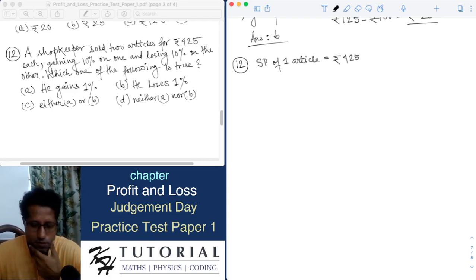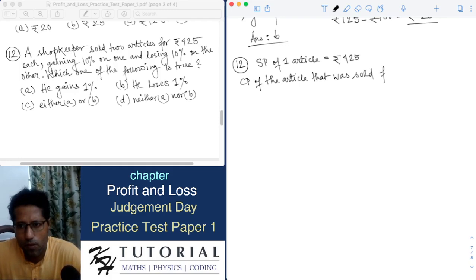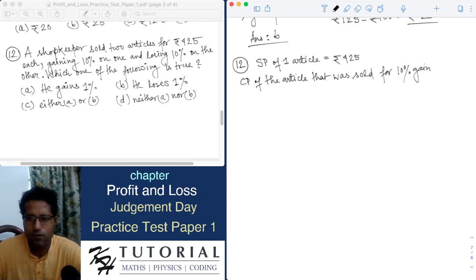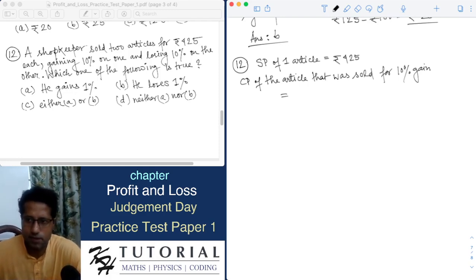So selling price of each article is rupees 425, and we can say the cost price of the article which was sold with 10% gain will be equal to what? What is the cost price when there is a gain?